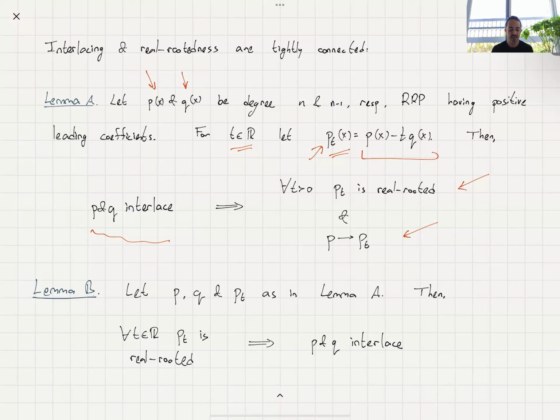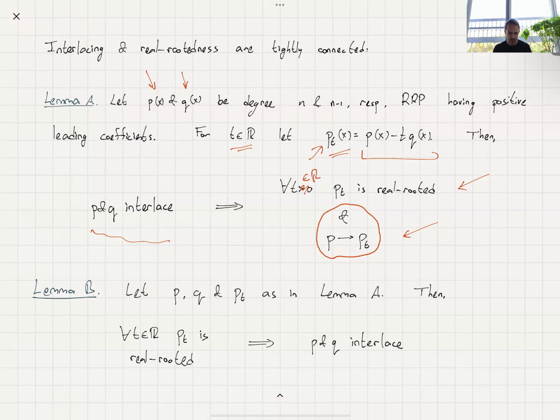Now, in fact, I should say that technically we will like to have these two conditions together, but as you'll see in the proof, if you're willing to omit this condition, then actually this result holds for any t in R. Right, so P and Q interlace does imply, there's nothing special about t larger than 0, does imply that for any t in R, P_t is real-rooted.